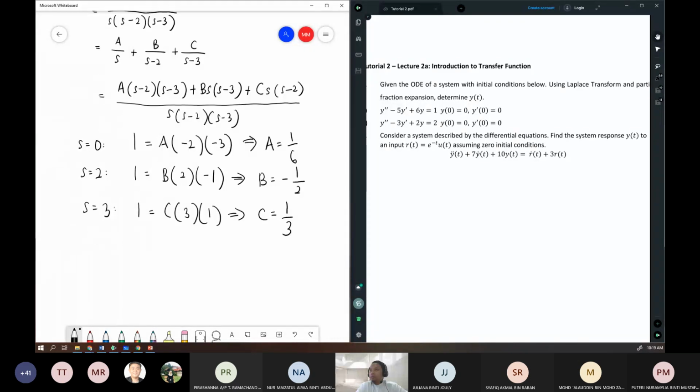So Y(s) equals (1 over 6) over s minus (1 over 2) over s minus 2 plus (1 over 3) over s minus 3. Then you can use inverse Laplace transform to get y(t).